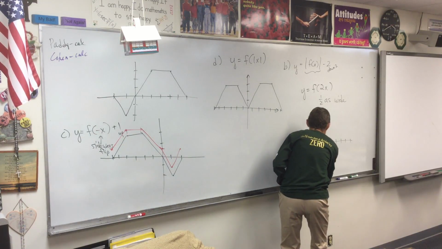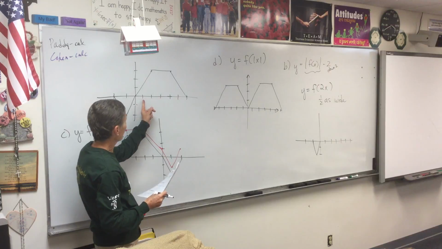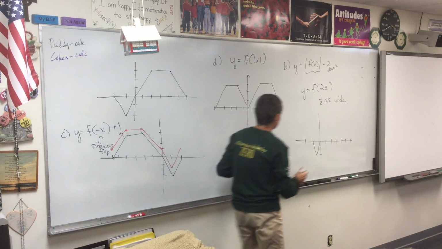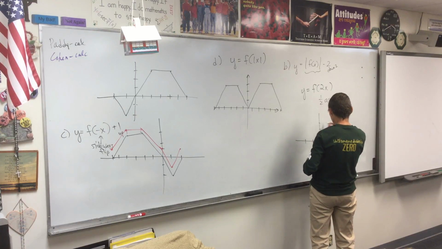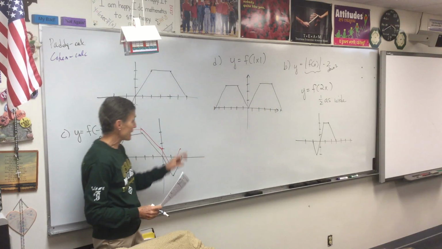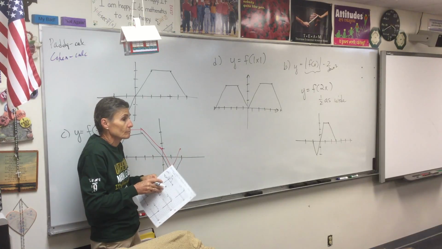So it's a skinny little triangle. And the trapezoid that used to be 6 across is now just 3 across. Same picture, but squished this way.